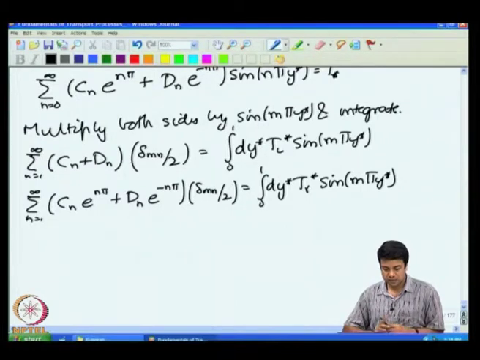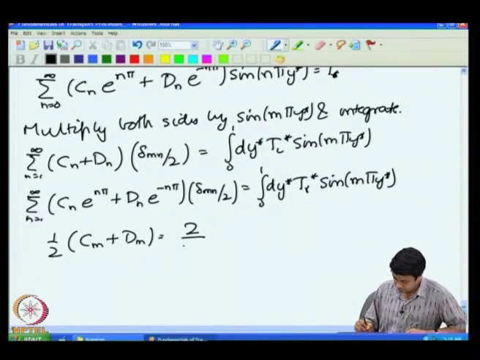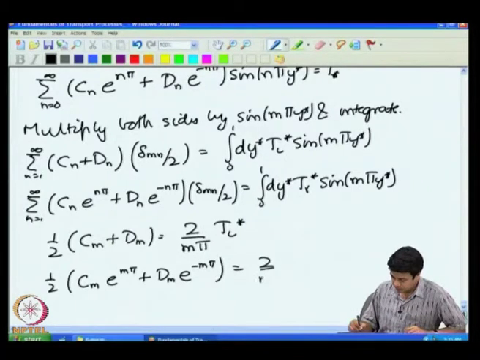So, the summation is just going to be equal to half C m plus D m is equal to 2 by m pi times T L, and half of C m e power m pi plus D m e power minus m pi is equal to 2 by m pi into T r.